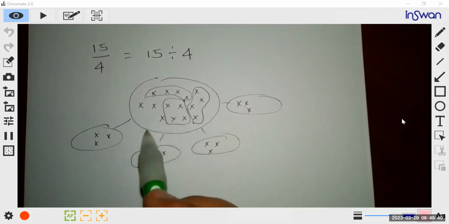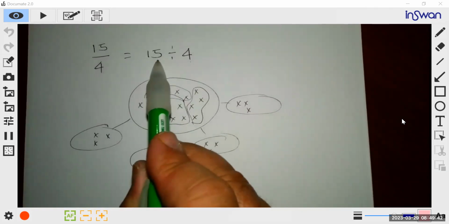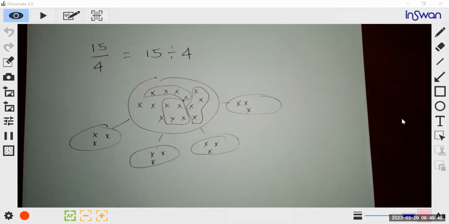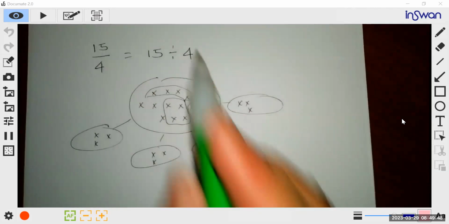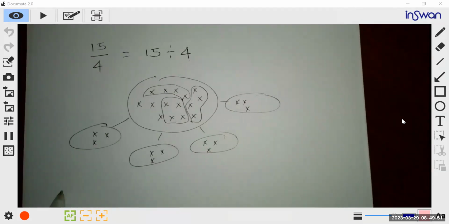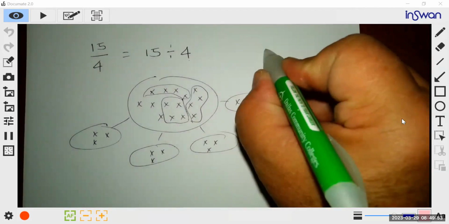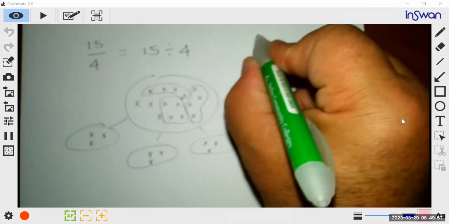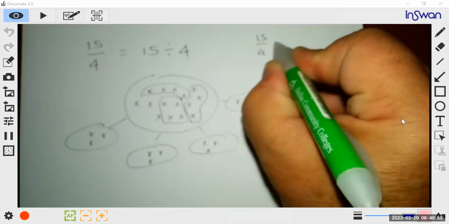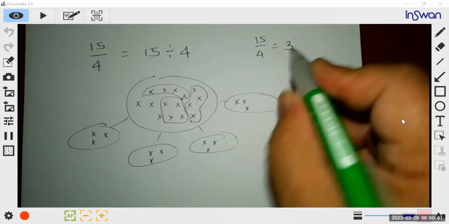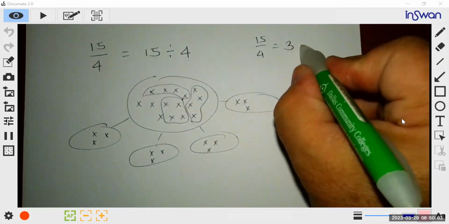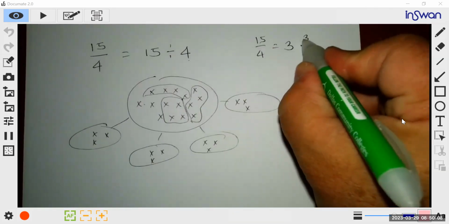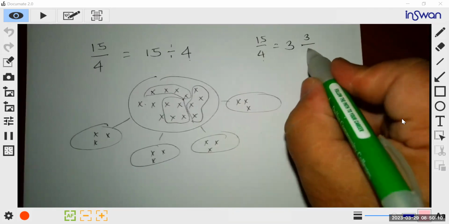So since that doesn't work, we know that 4 doesn't go into 15 evenly, which gives us a remainder. But that's another topic right now. So in other words, these are not divisible. Eventually we'll write, since we have 3 in each group, and 3 left over out of 4.